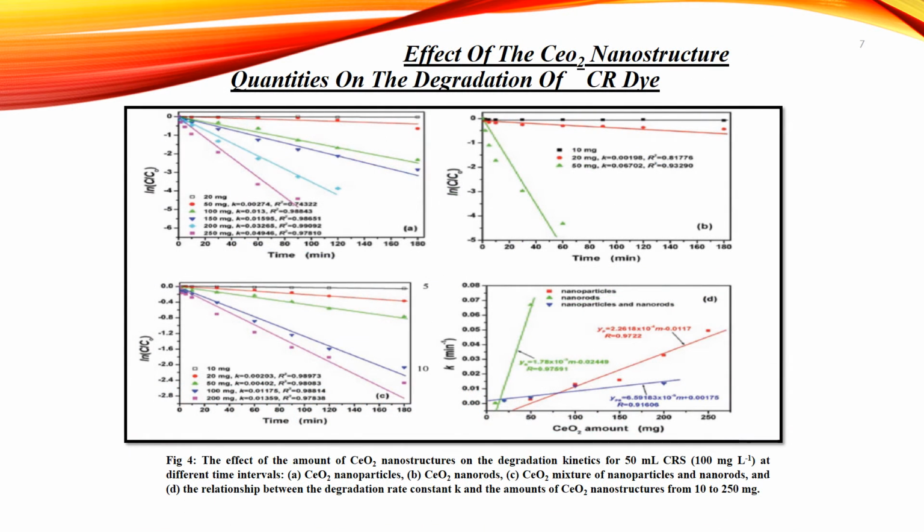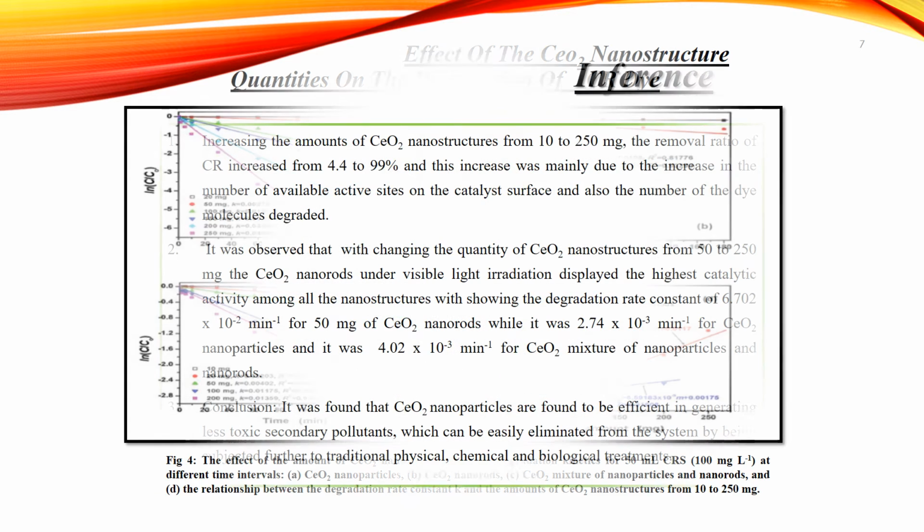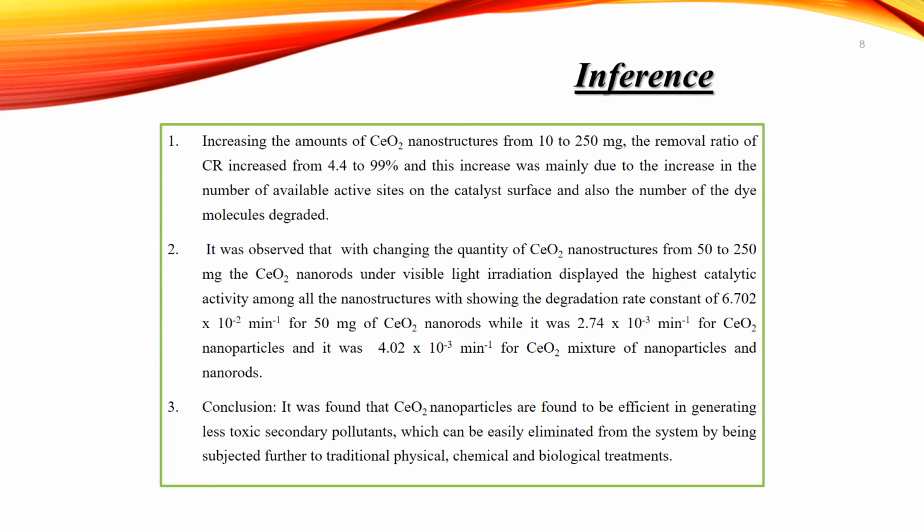And the effect of Co3O4 nanostructure quantities on the degradation of the dye. For the effect of the nanostructure quantities, it was observed from figure 4A, B, C that the nanorods showed the highest degradation, which increased from 4.4 to 99% with an increase in the amount of nanostructures from 10 milligrams to 250 milligrams.